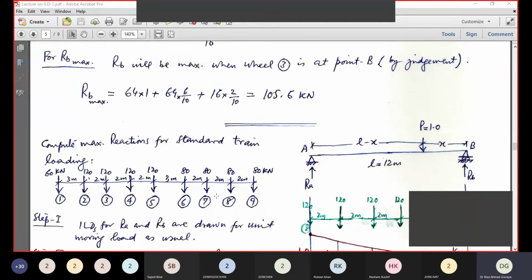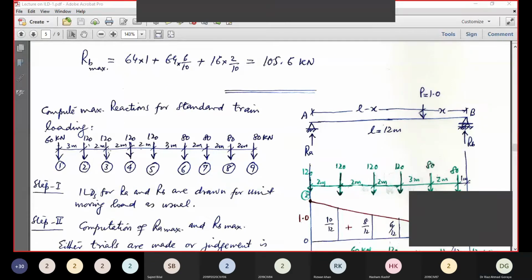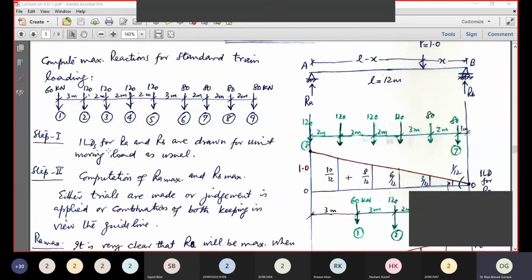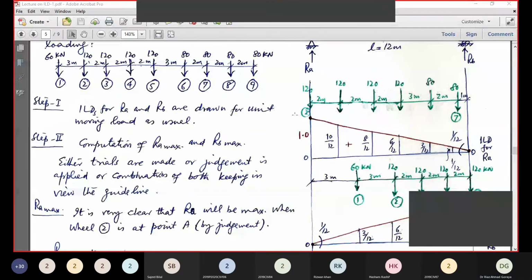Now this is another beam having a span of 12 meter. We have to compute the maximum reaction for standard train loading. This is the standard train loading. As far as the drawing of ILD is concerned, for unit moving load, same approach.